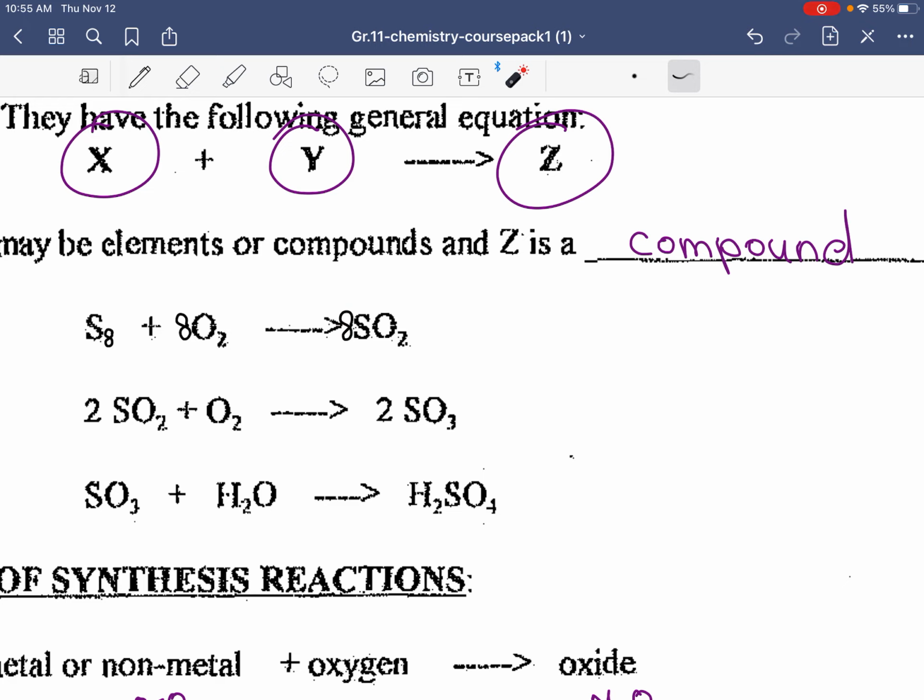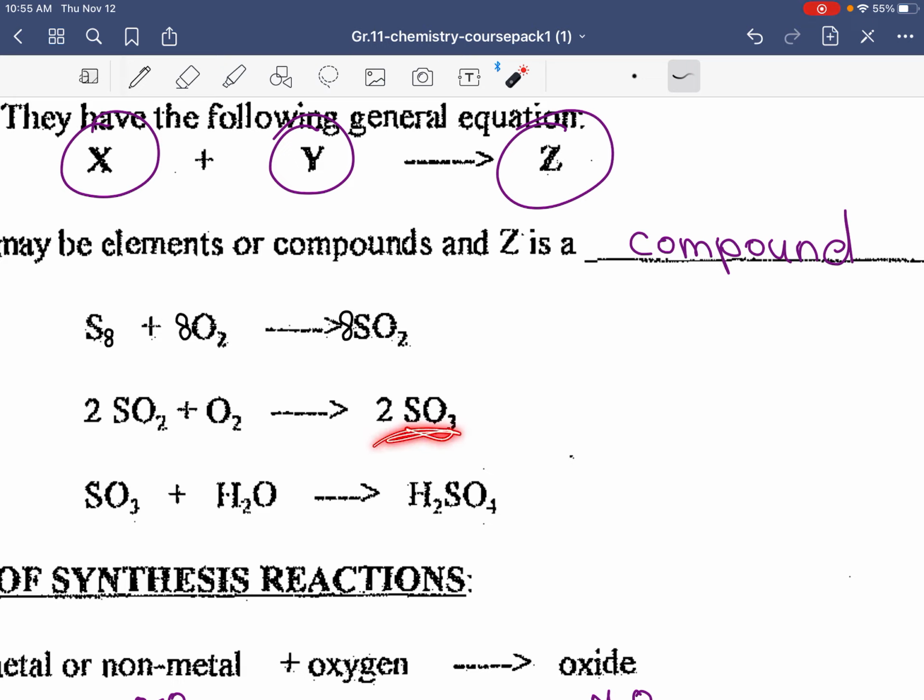Okay? Now, this sulfur dioxide will react with more oxygen to give you sulfur trioxide. As I said, this is a stepwise reaction, meaning that this product very quickly will react with more oxygen to create this product.